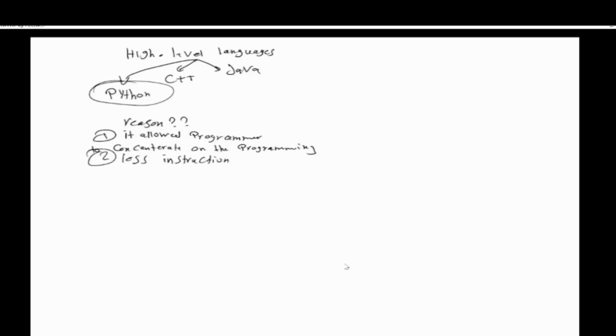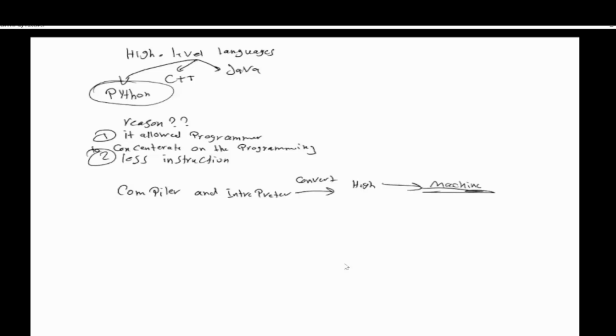And as the assembler is used to translate the assembly language into the machine language, we have the compiler and the interpreter, used to convert high-level languages into machine language, which is the language used by the CPU.